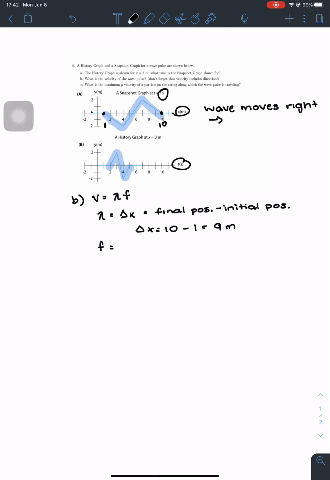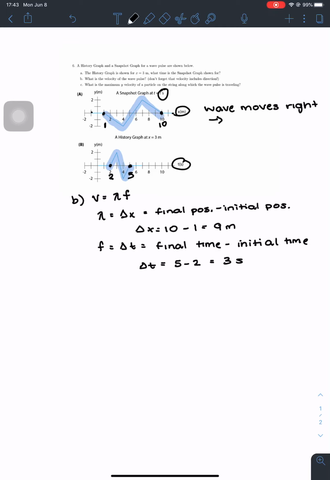So we get delta t, which is final time minus initial time. Our final time is at 5, and our initial time is at 2. So we get delta t equals 5 minus 2, which is 3 seconds.